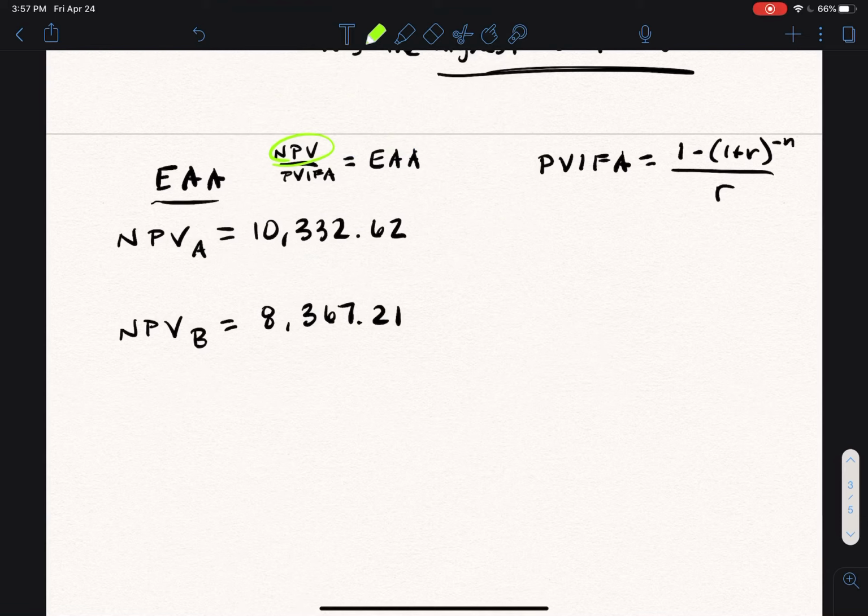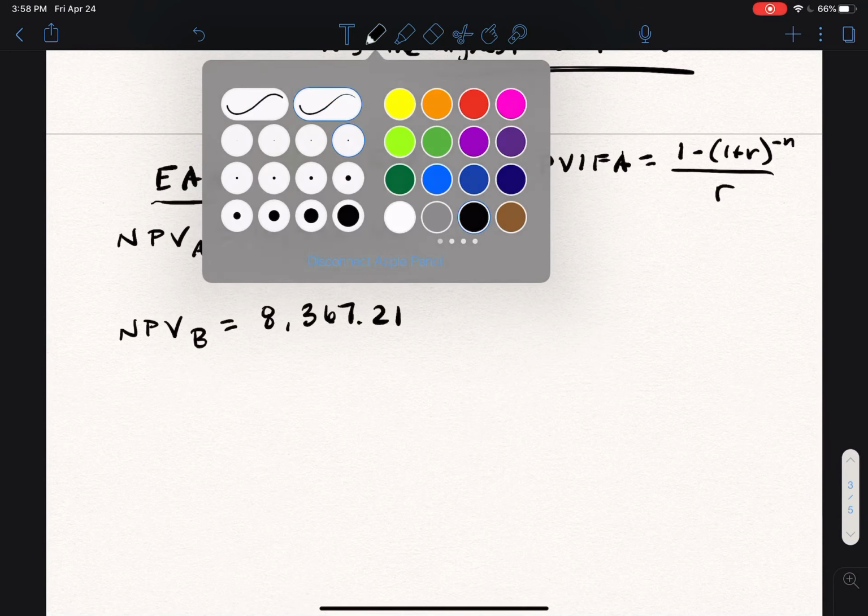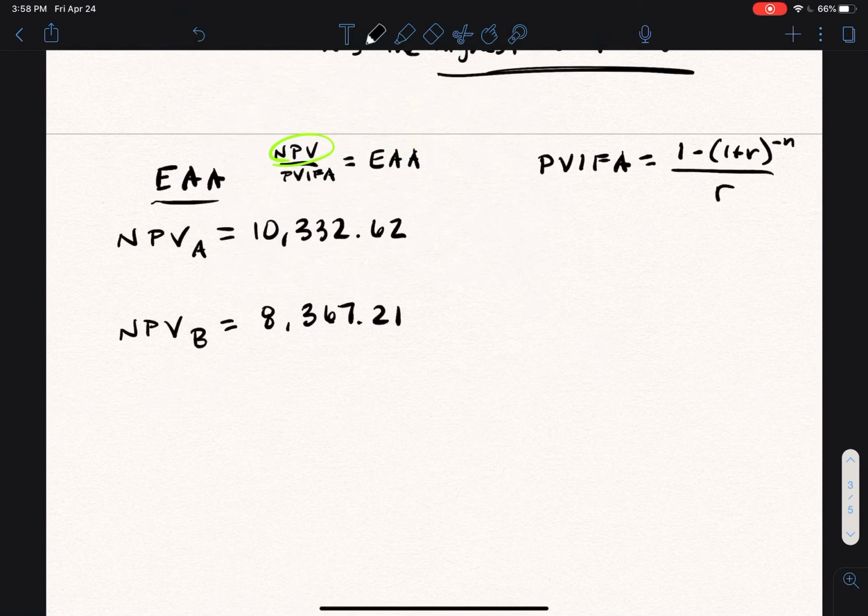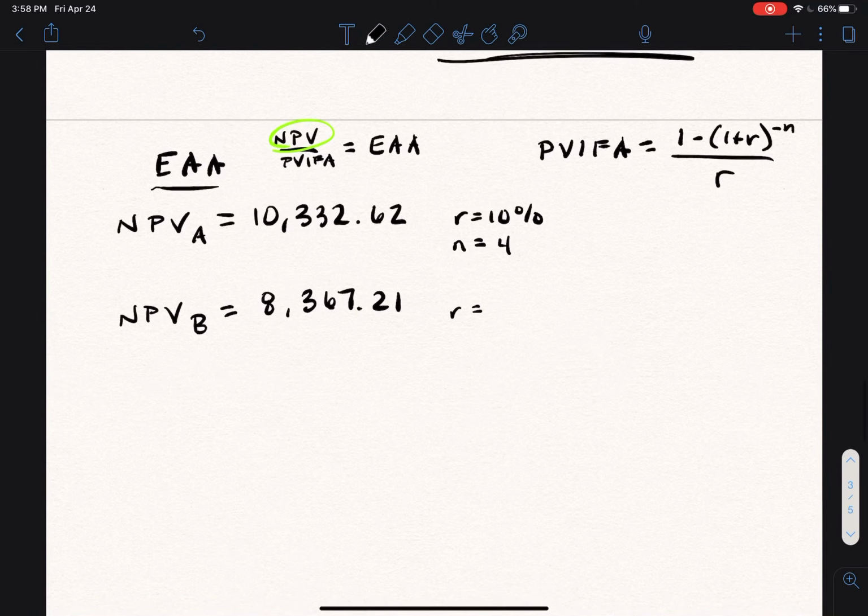For project A, the only two variables that we're missing are r and n. We know that r is equal to 10%, and n in project A is 4. Same thing for project B, r is 10%, and n is 3. And we just need to work out this very simple equation. This is the much shorter method of comparing mutually exclusive projects with unequal lives.